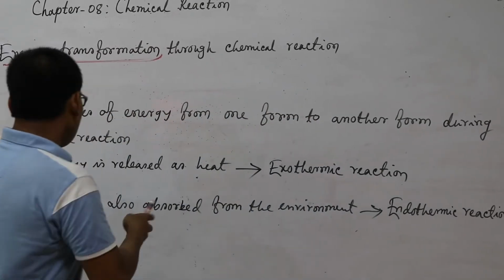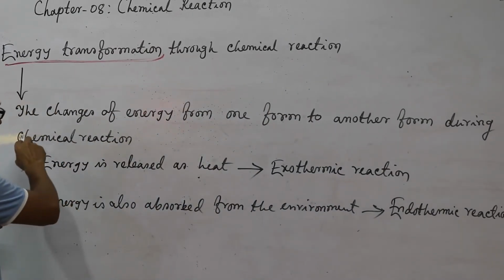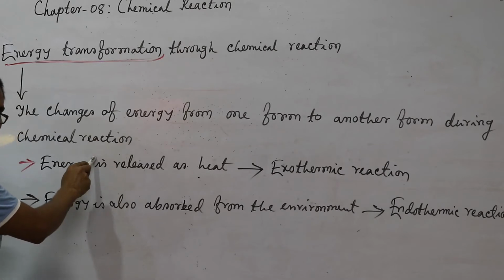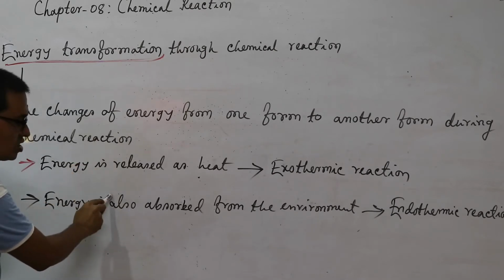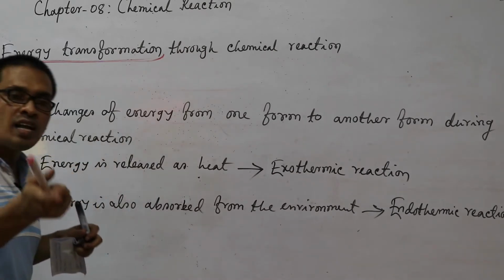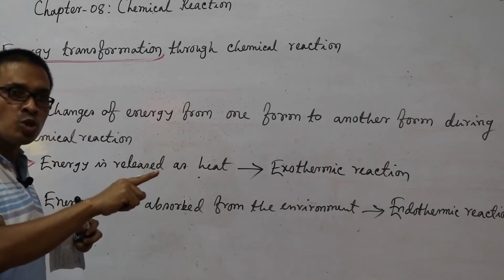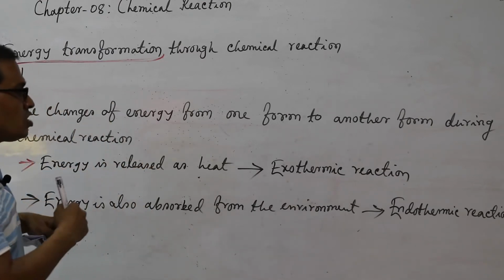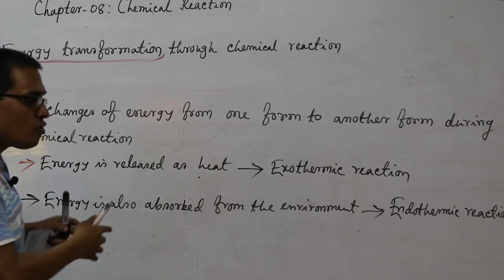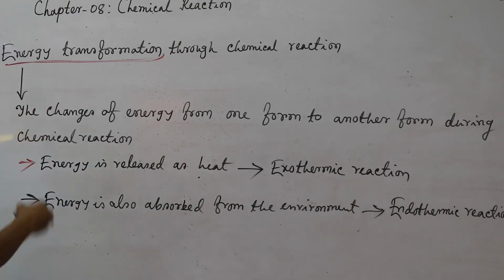Here, in one case energy is released, and in the other case energy is absorbed. So through chemical reaction energy transformation occurs. That means energy is transformed from one form to another form.